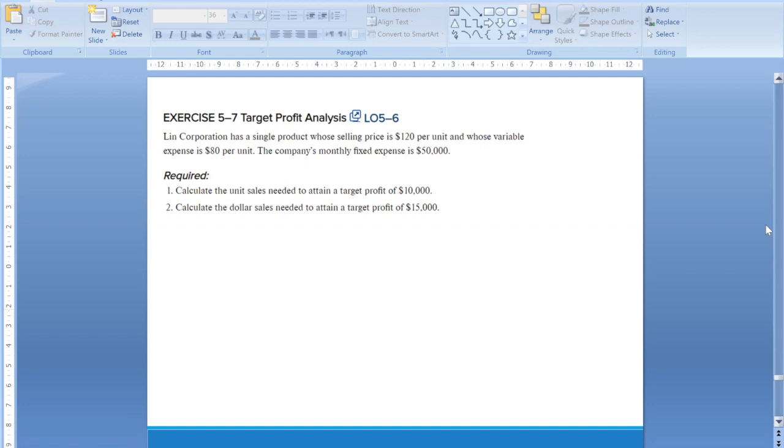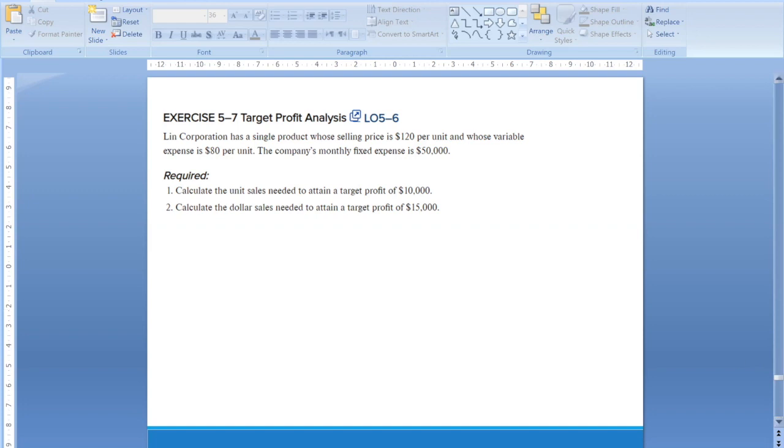The company's monthly fixed expenses are $50,000. Required: calculate the unit sales needed to attain a target profit of $10,000.